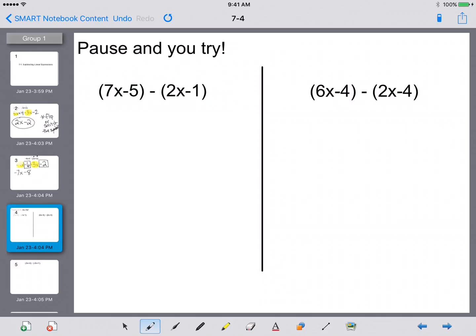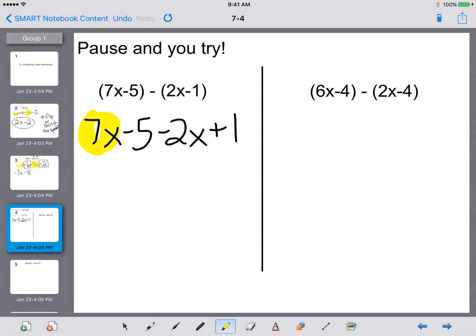Okay, so here we have 7x minus 5, that stays. This negative sign or minus sign turns our positive 2 into negative 2x, and our negative 1 will turn into positive 1.